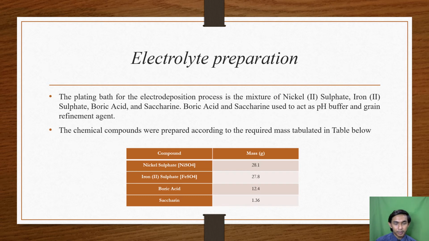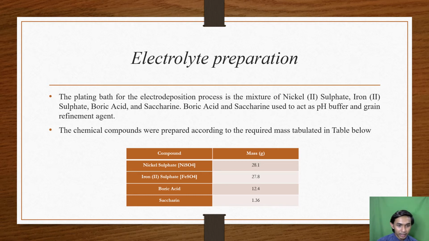For the electrolyte preparation, the plating bath for the electrodeposition process is a mixture of nickel sulfate, iron sulfate, boric acid and also saccharin. Boric acid and saccharin were used to act as pH buffer and grain refinement agent. The chemical compounds were prepared according to the required amounts in the table below.